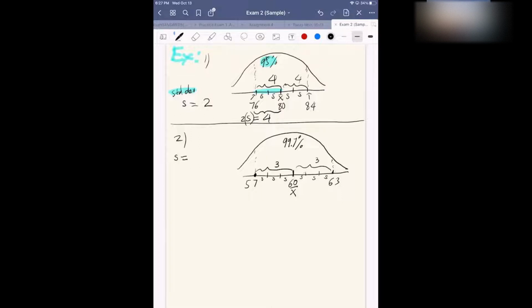What's the answer now? Can you guys tell? I got some correct answers already. So what is just 1s? The distance 3 is for 3s. I got Evelyn. How about other people? The distance from 60 to 57 is for 3 standard deviations. But now we just want 1 standard deviation. So what is 1 standard deviation equal to?